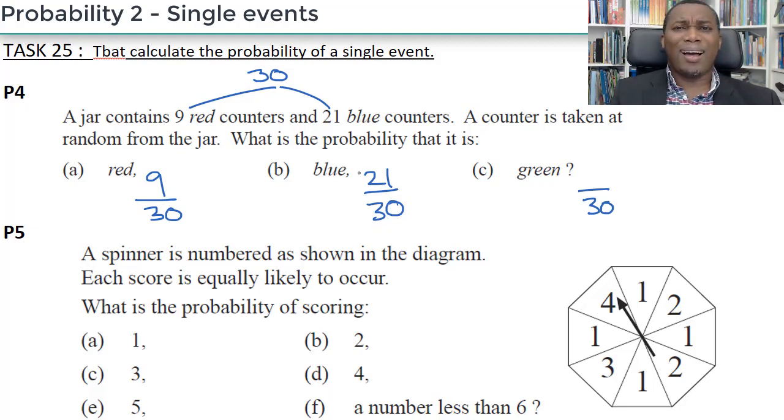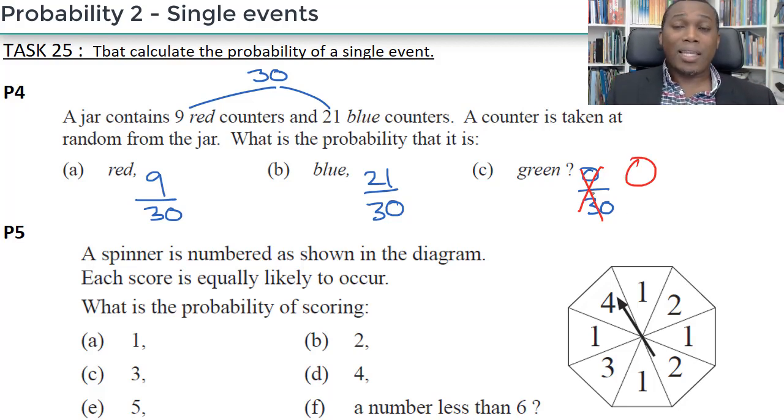Green, did they say anything about green in the answer? No, 0 out of 30. Now, we need to deal with this, and you saw there was hesitation here. You don't write 0 on 30. If it's impossible, you write 0. That is your answer, not 0 on 30.